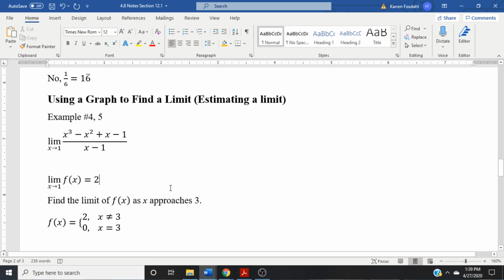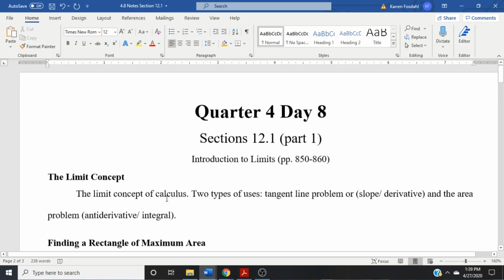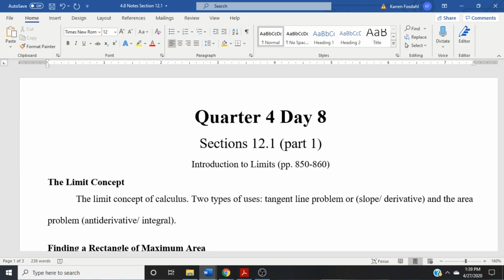So they both give us a unique number as a solution, so we can trust our graph. Okay? And that is our lesson for the day.